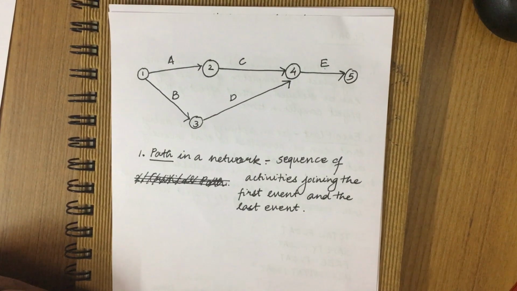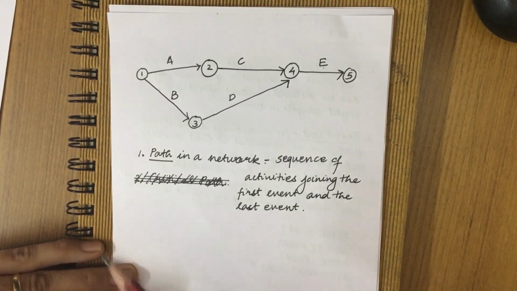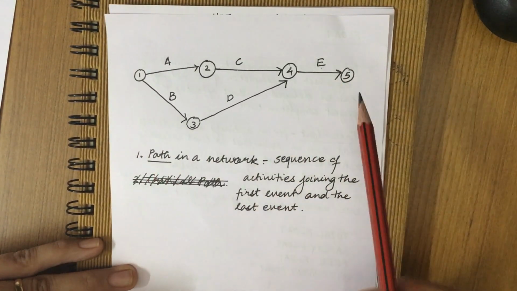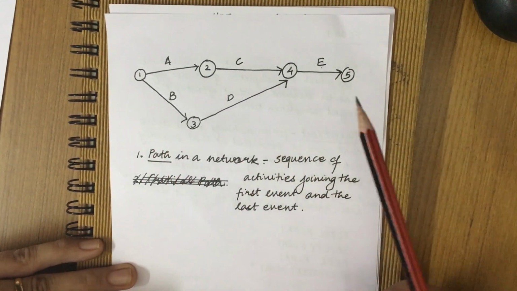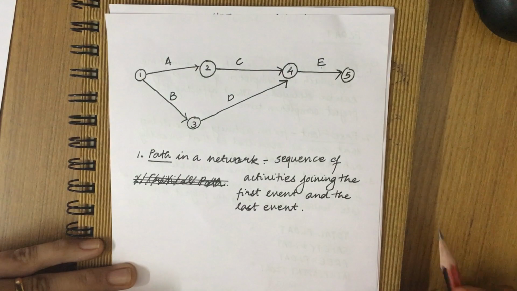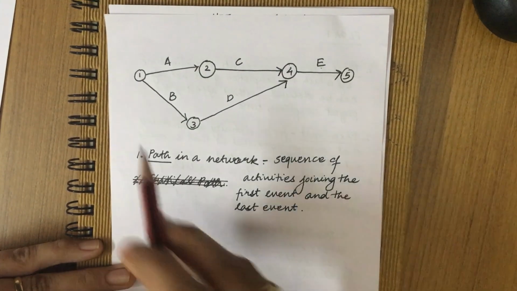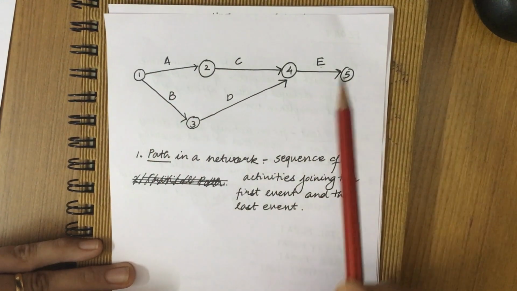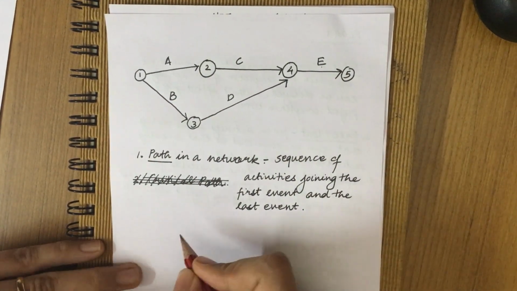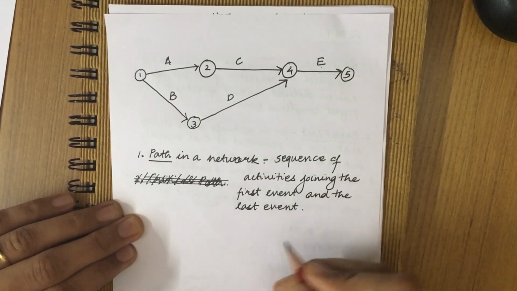Now we'll understand what path means. So this is a project network. If you observe the project network, there are 2 paths. Path is basically a sequence of activities joining the first event and the last event. So you can see there are 2 paths in this whole network. So how will you represent the path?